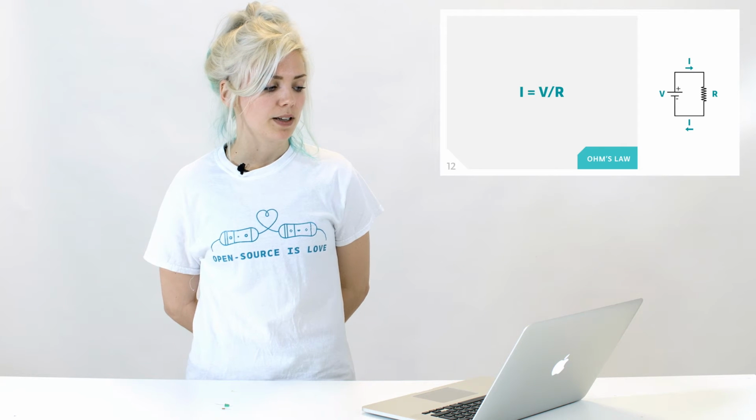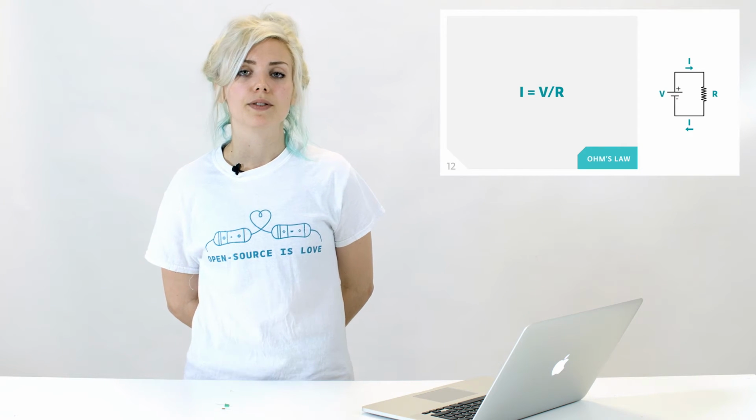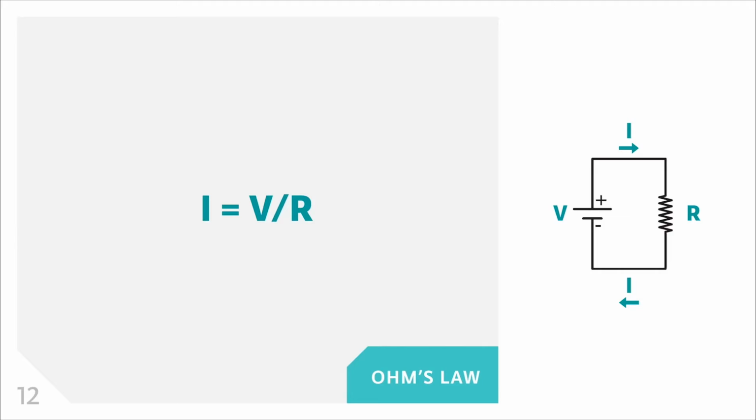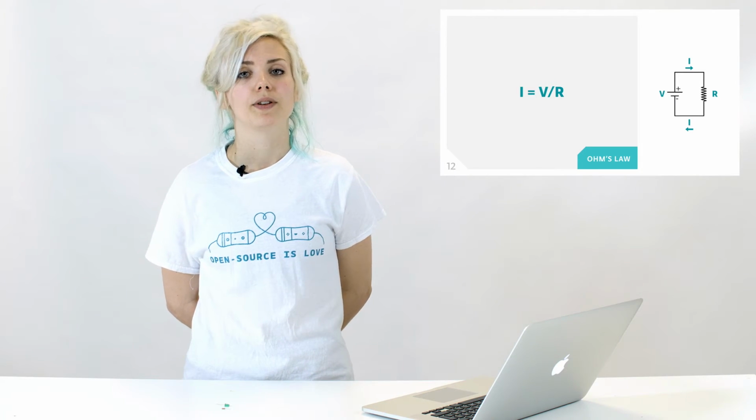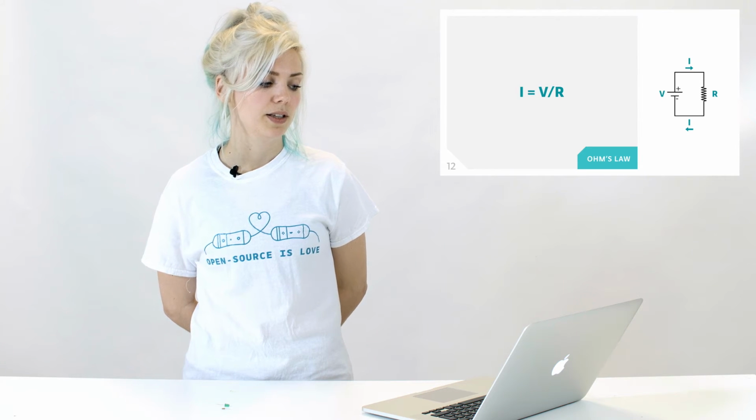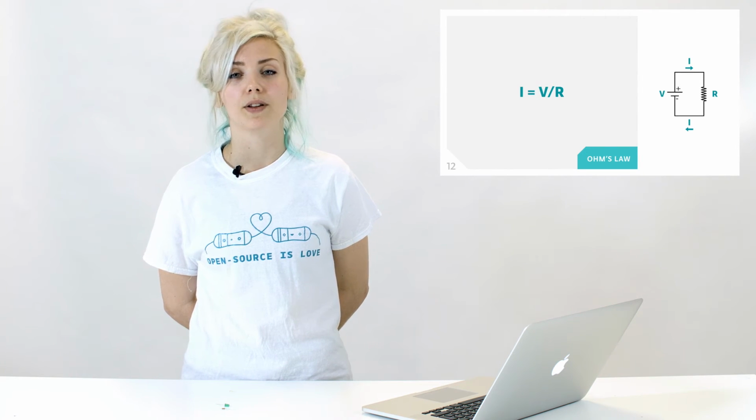So in the formula, the I represents current, the V represents voltage, and R resistance. So if you, for instance, want to know what current you have in your circuit, you just need to take your voltage and divide it by the resistance. If you want to know any of these three, you can easily calculate it based on the other two.